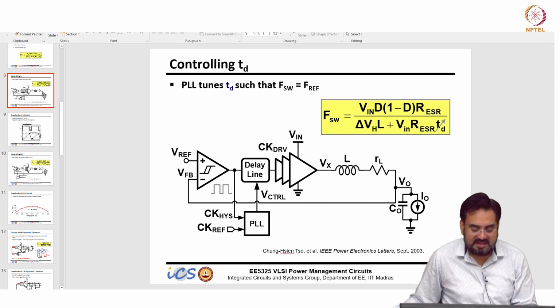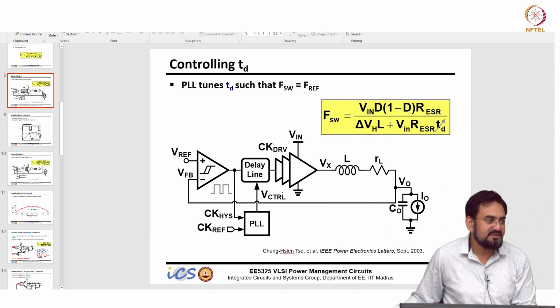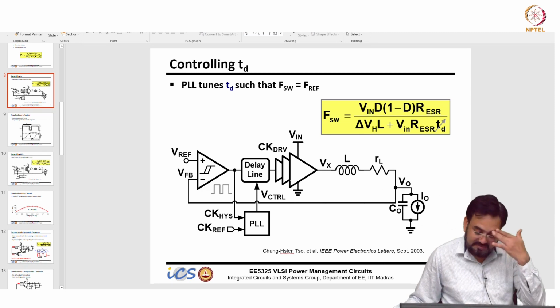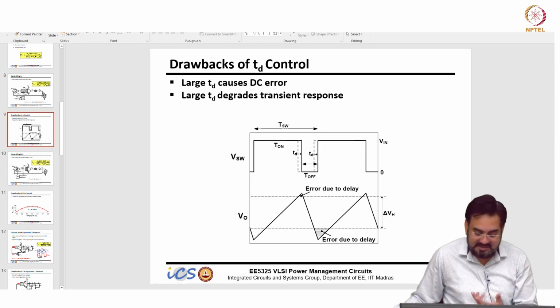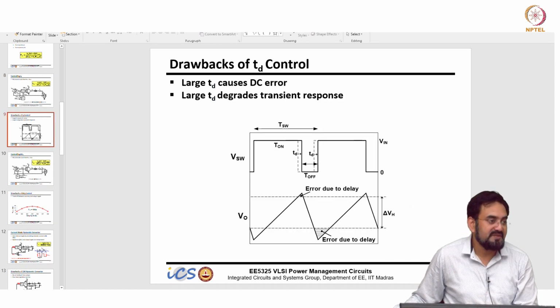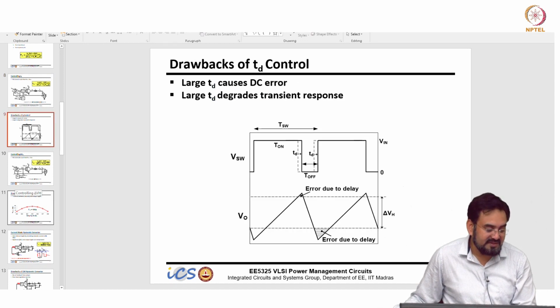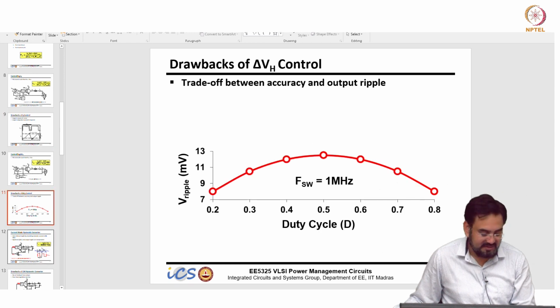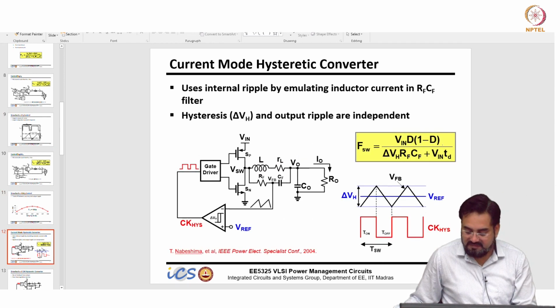But the problem is, larger delay means you are degrading the transient response, so frequency you can still control with TD, but the large delay means transient response suffers. That is a bigger problem. The other problem is accuracy is going to be affected. So, that is why that is not a preferred way of doing that. So, we always try to minimize this TD and control this frequency only using this RFCF.